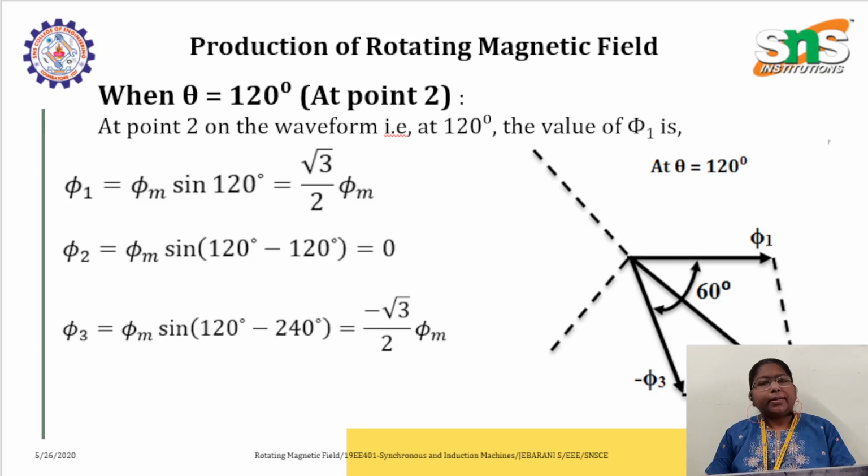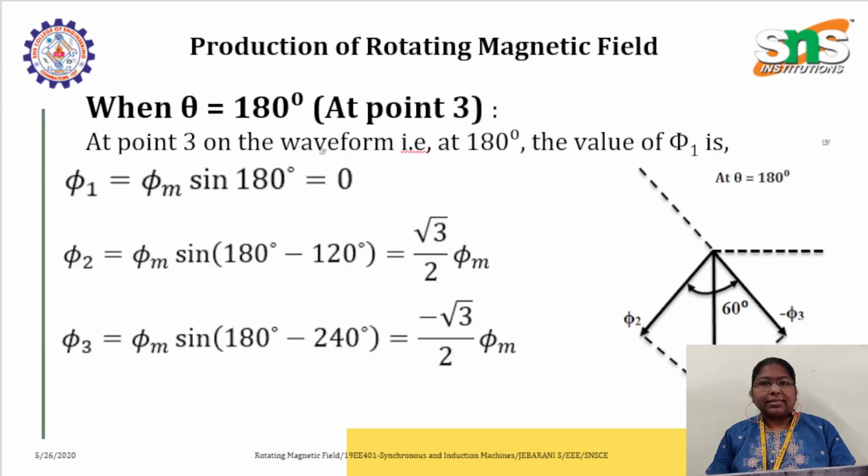If you take theta equal to 120 degrees, phase 1 and phase 3 exist. In this case, the magnitude remains the same, 1.5 times the maximum value, but the orientation of the resultant vector is different, again displaced by some angle from the previous instant.